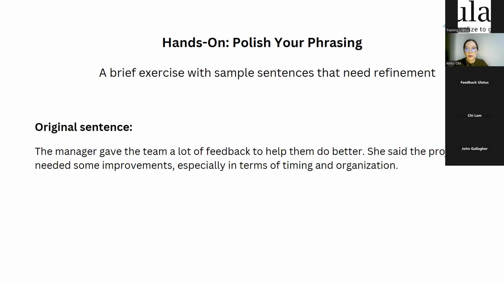Okay, one of the attendees asked, what does it mean, improvement of time and organization? Yes, exactly. That part is a bit unclear, I think. So if you can try to maybe make it more specific based on the context. It can be about the deadline, as you have suggested in the chat.